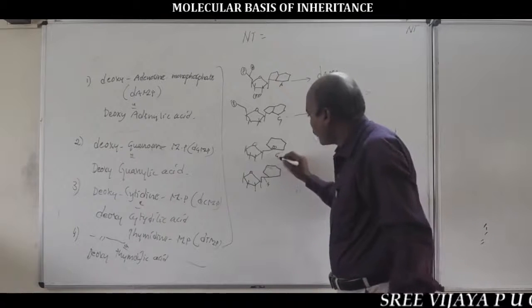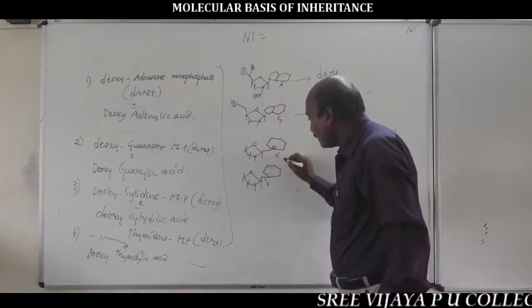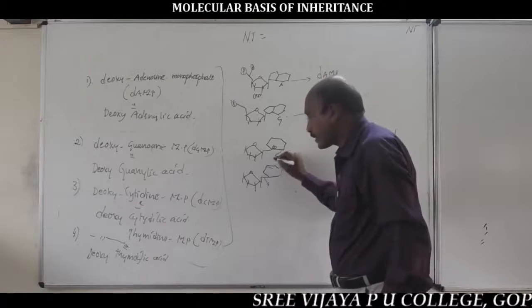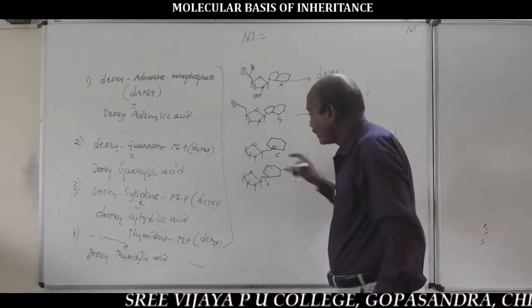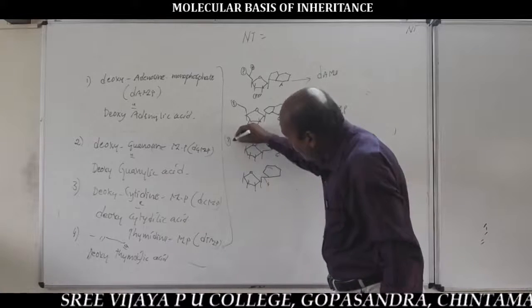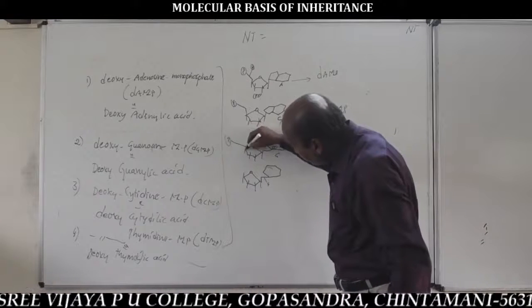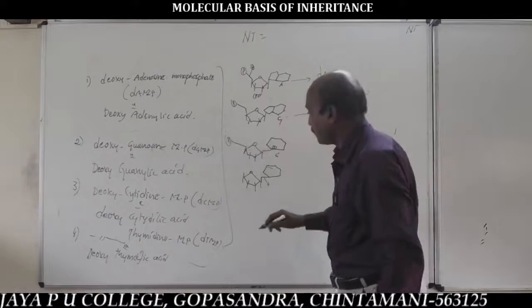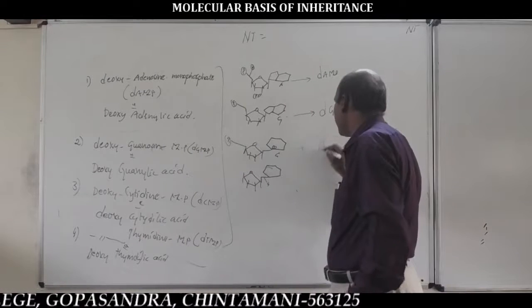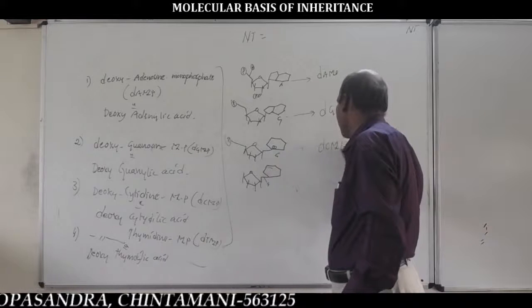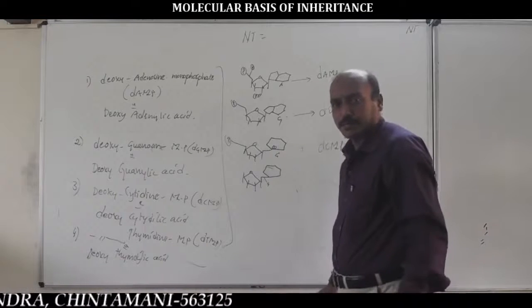And to the deoxycytidine nucleoside, orthophosphoric acid binds at the 5th carbon atom through a phosphoester bond to form DCMP, deoxycytidine monophosphate.